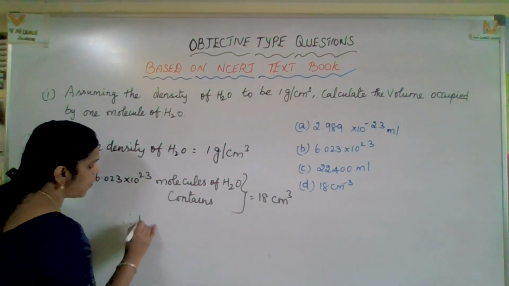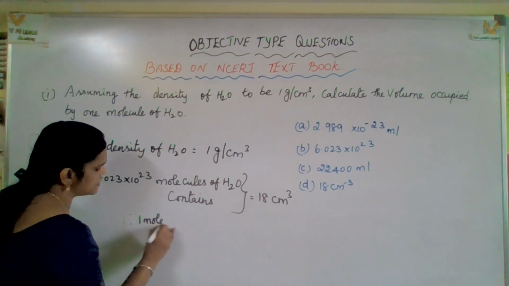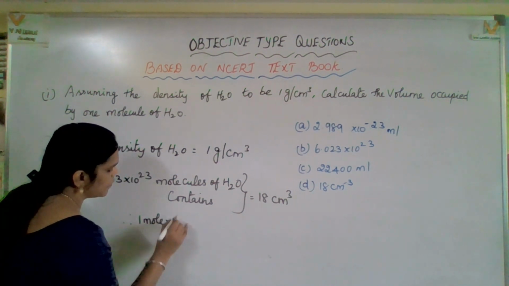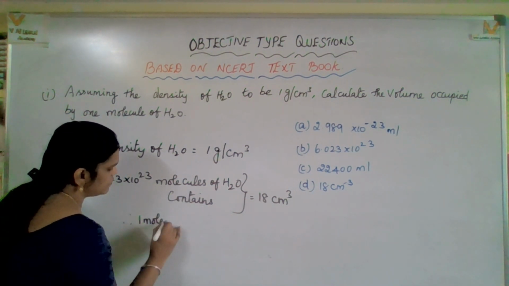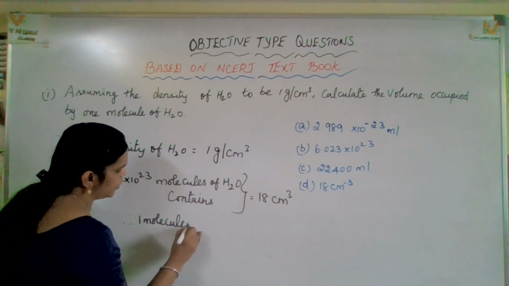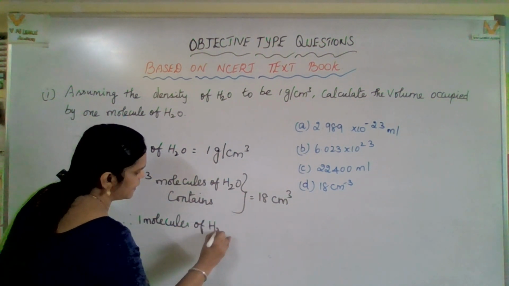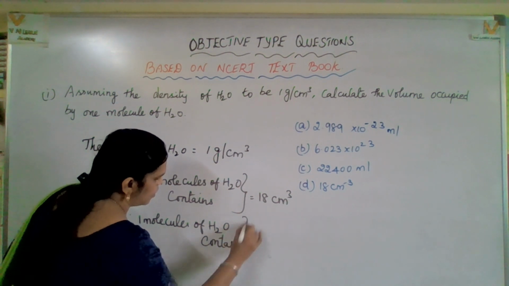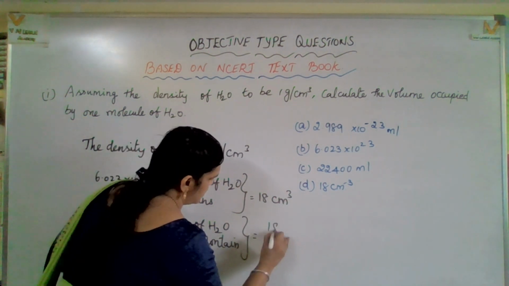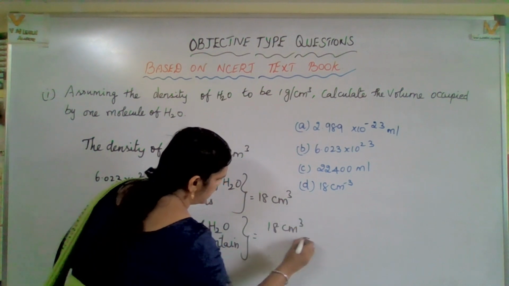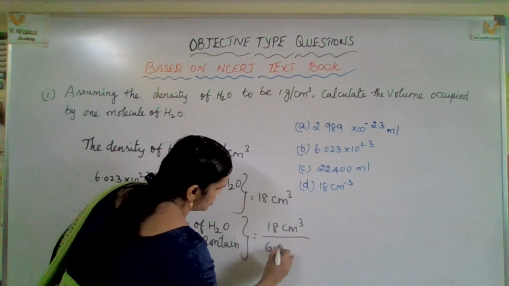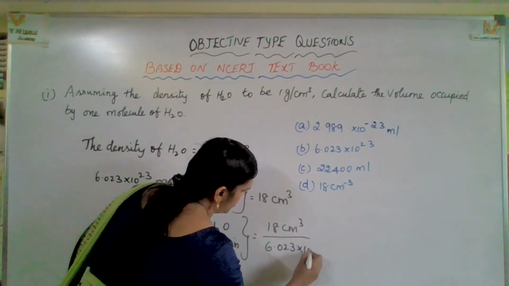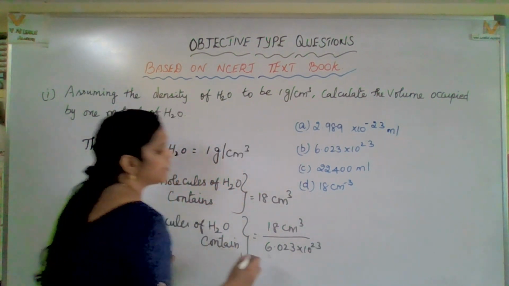Therefore, one molecule of water contains how much? 18 centimeter cube divided by 6.023 into 10 to the power of 23.